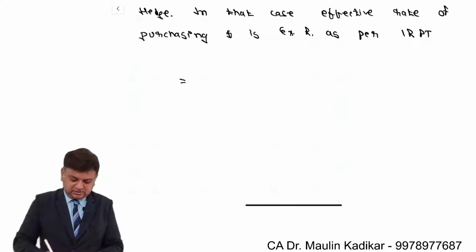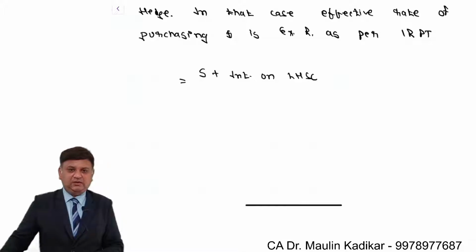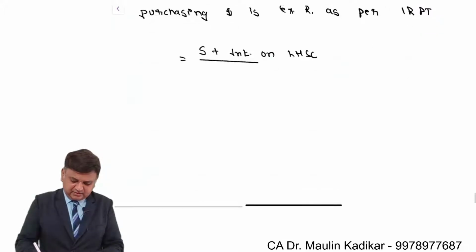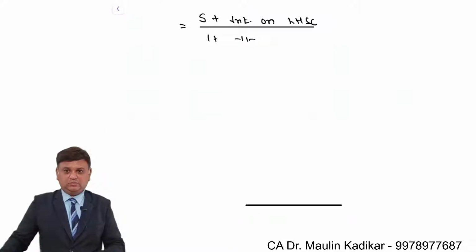Please write down the answer. Spot plus interest on left hand side currency, or it is also given a name as price currency, divided by 1 plus interest on right hand side currency.